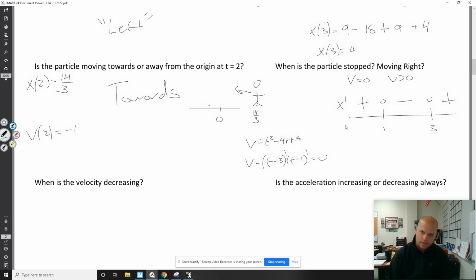X prime signs tell me about x increasing, decreasing, increasing. If my position is increasing, I'm moving to the right. If my position's decreasing, the dude on the number line is moving left. Particle stopped, t equals 1 and 3. Moving to the right is t less than 1 and greater than 3.